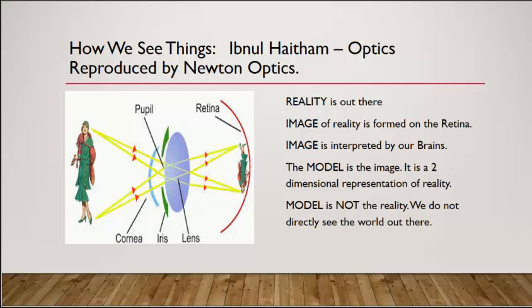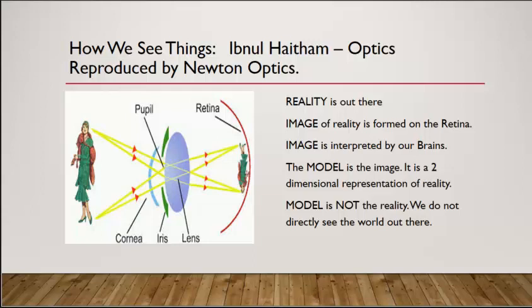Then at the third stage, we can think of the model as the image of reality. So now the model is completely different. When we talk about the model, it is a pattern of light and shadow on the retina. When you talk about the reality, it's completely different. It's made of substance, atoms, and things, and it's three-dimensional and it has weight. But the pattern of light doesn't have any weight.